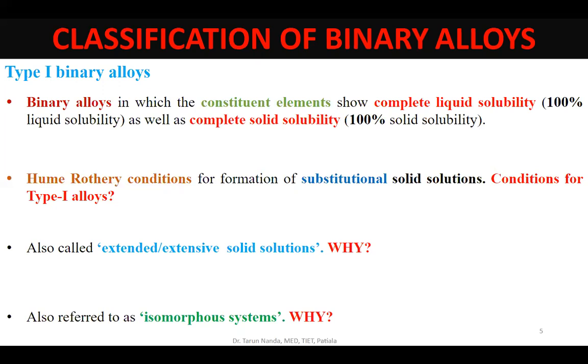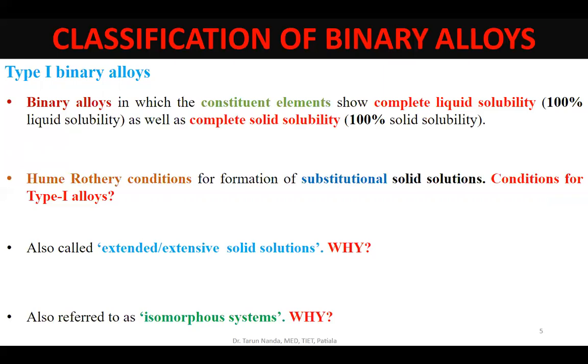When these two constituent elements are in the liquid state mixed with each other, they'll always form a liquid solution, a single phase. And 100% solid solubility means you take them in any weight ratio you can think of, they will always form one solid solution.